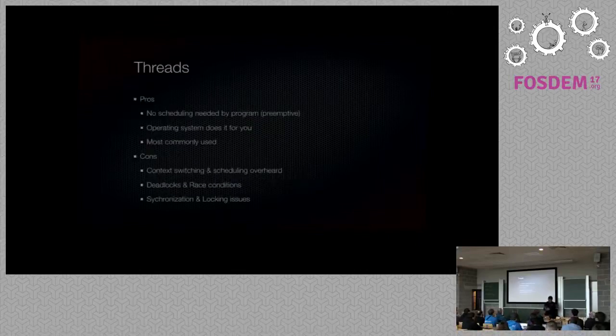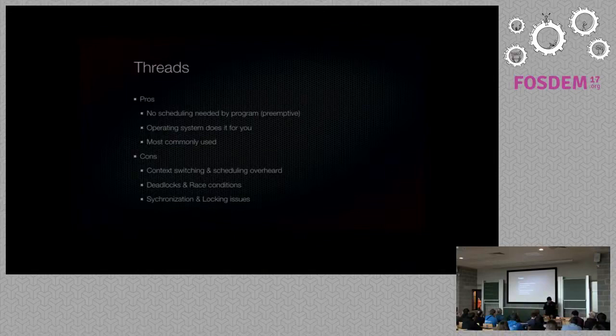Pros are that no scheduling is needed by the program because it's preemptive scheduling. The operating system does it for you. In an operating system like Windows or Linux, when we use threads, the OS keeps switching context. So we don't have to worry about that.